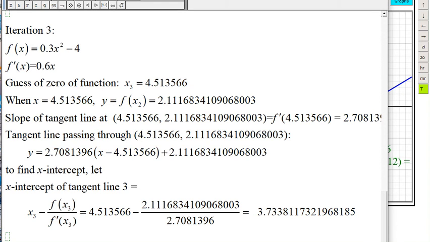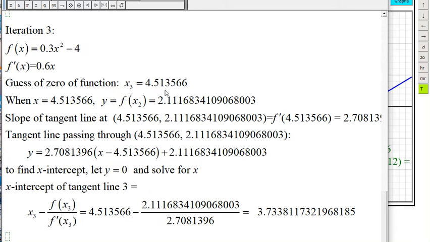And then to find the x-intercept of this tangent line, we would let y be 0 and solve for x. And if we do that, then x would be 4.5, which is the 4.5 right here, minus the 2.11 divided by the 2.7, and we will get 3.73.